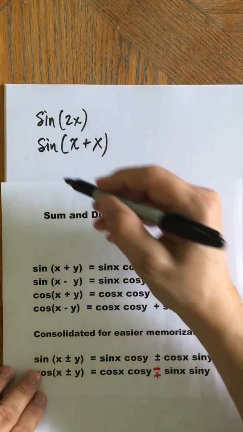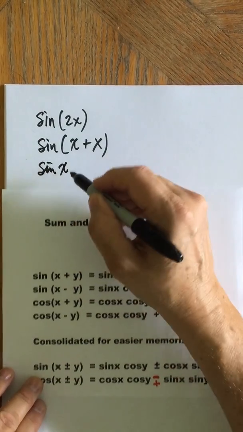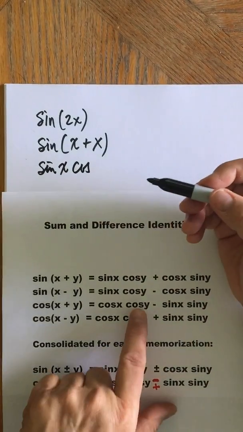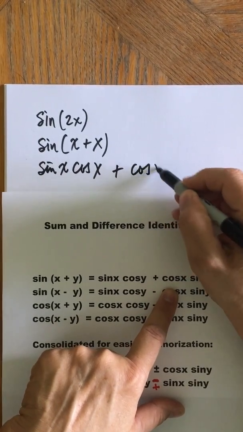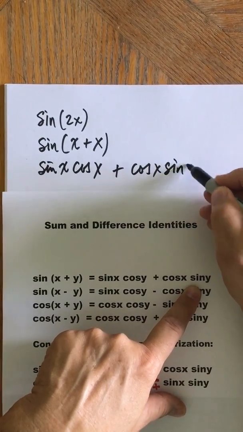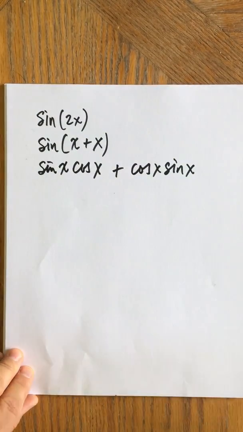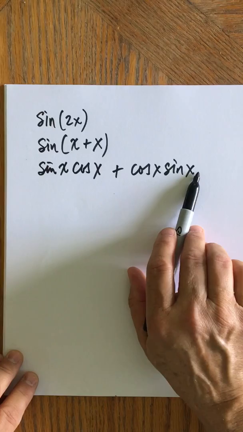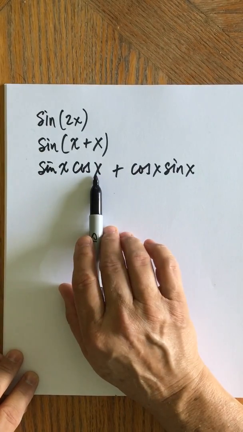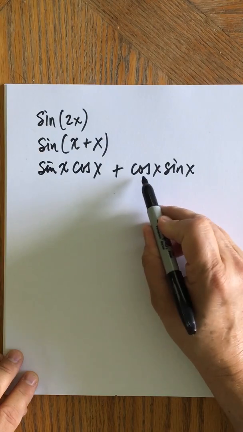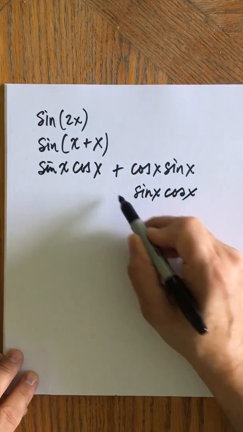So I'm going to use this formula, except that where you see a y, you're going to have an x. So this is equivalent to sine x cosine x plus cosine x sine x. These are really the same, it's just that they're multiplied. You can use the commutative rule, so instead of writing cosine x sine x, I'm going to write sine x cosine x.